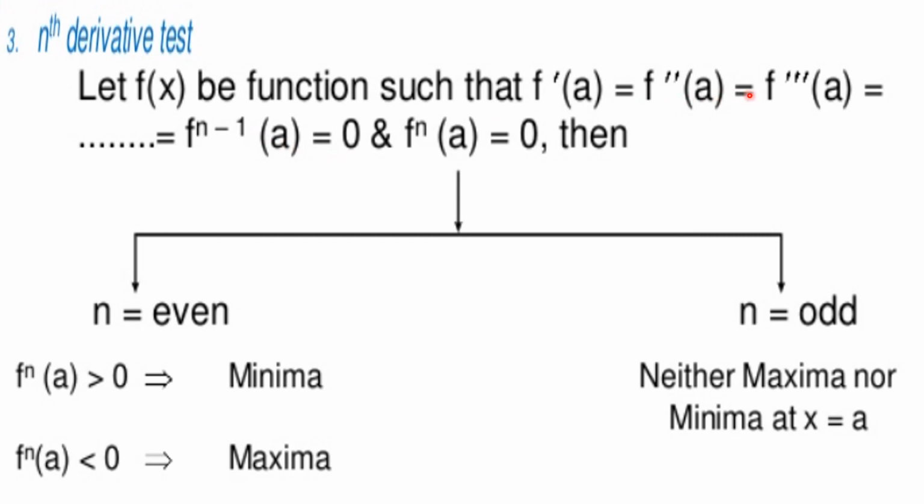If in all these cases the values are 0 and f to the power of n of a is not equal to 0, then if n is even and f to the power of n of a is greater than 0, it is said to be minima. If f to the power of n of a is less than 0, it is said to be maxima. If n is odd, it has neither maxima nor minima at x is equal to a.